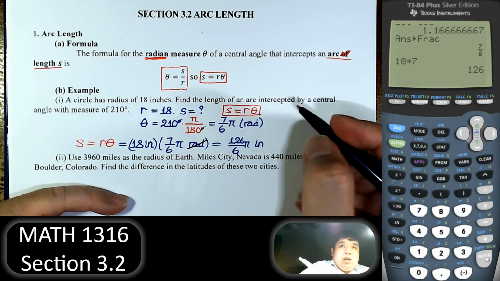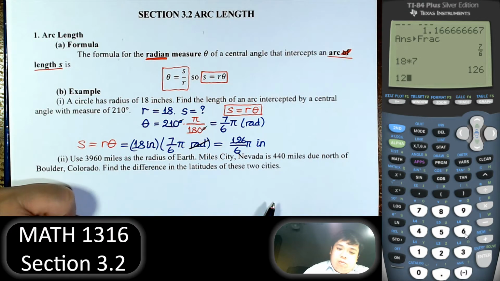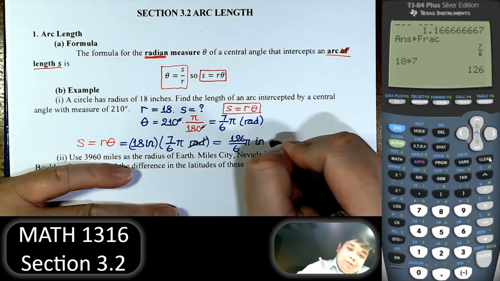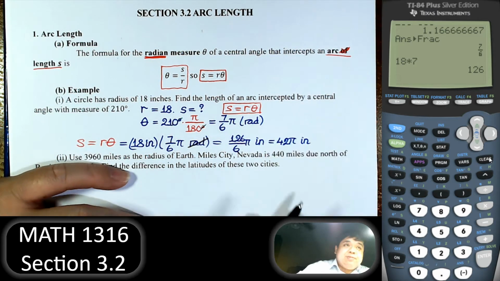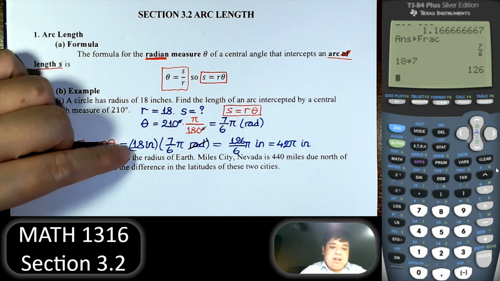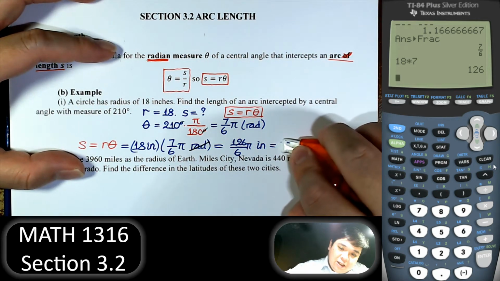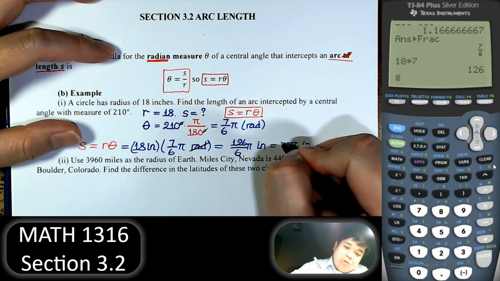By the way, we can reduce: 126 divided by 6 is 21. Sorry, 18 and 6 cancel out 3 times, and 3 times 7 is 21.